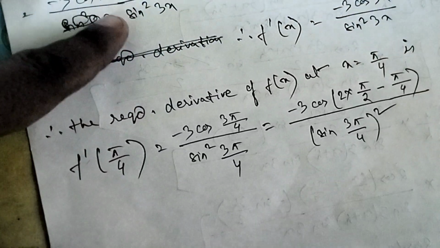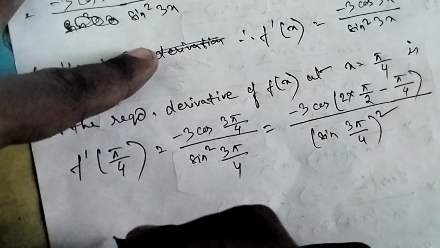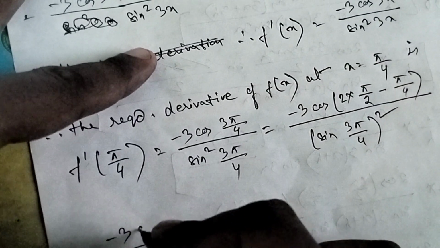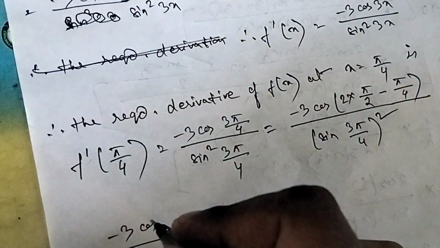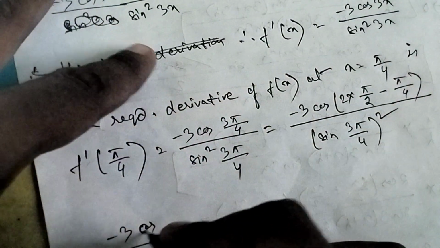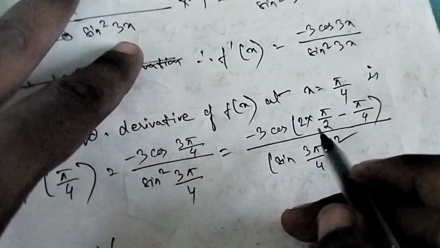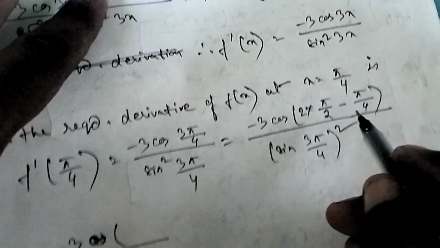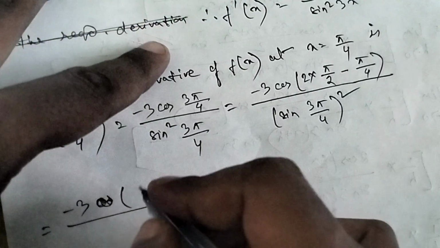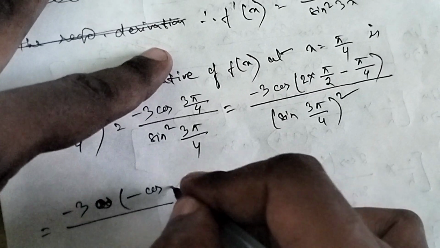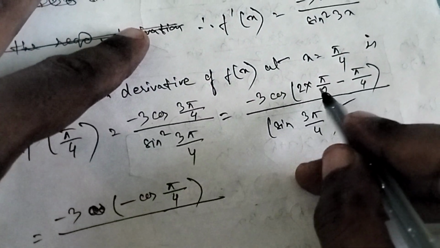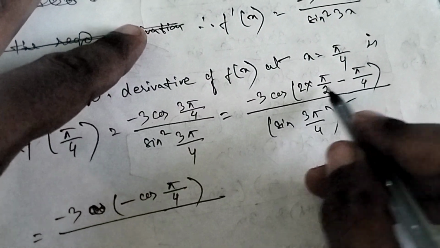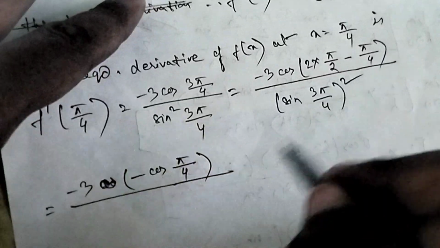Okay, so it would be minus 3 cos 2 into pi by 2 minus pi by 4 will be minus cos pi by 4, as it is in the second quadrant, and in second quadrant cos is negative.